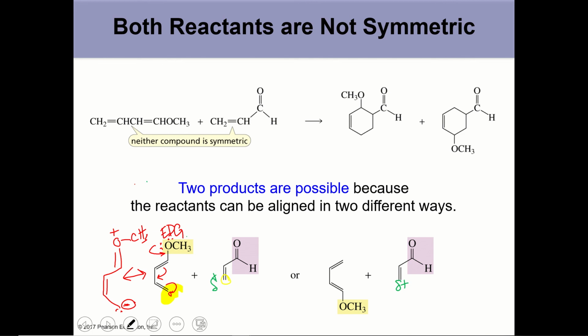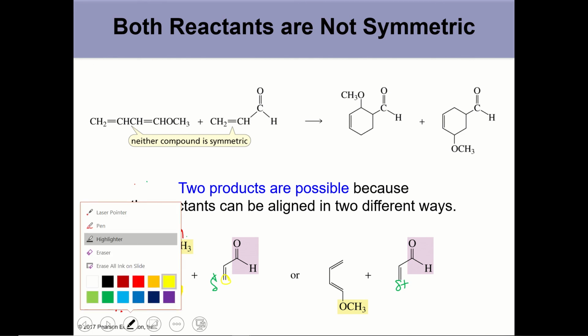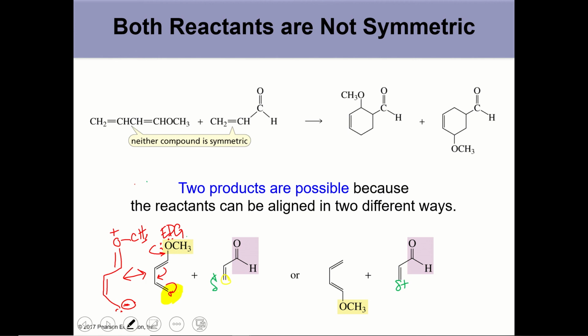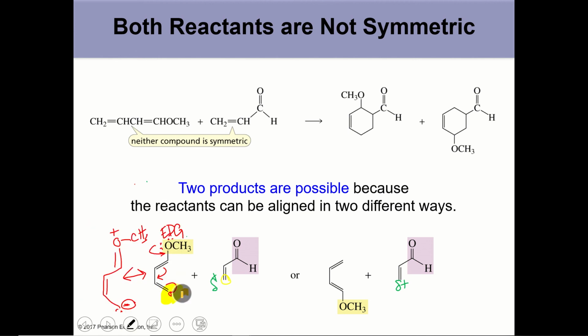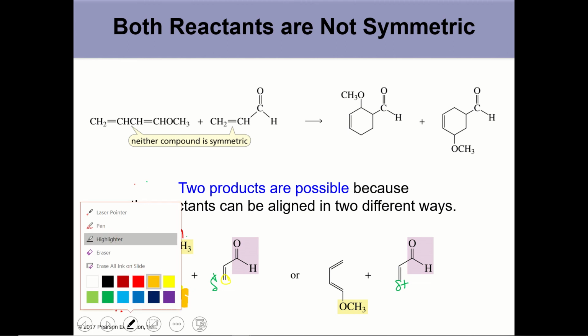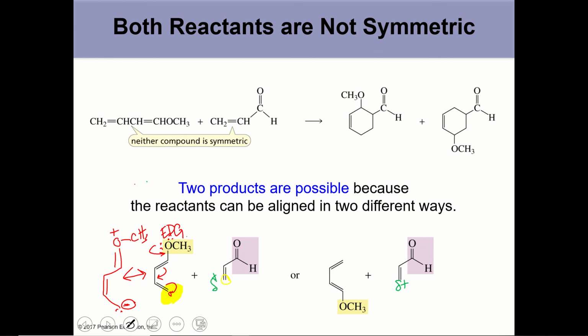And so it should make sense to you that the most negative carbon of the nucleophile will bond to the most positive carbon of the electrophile, so that the first set is going to produce the correct product, and the second set would not.